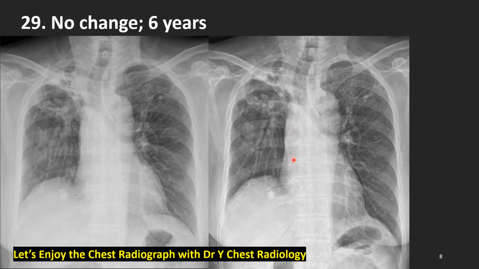What's wrong with her film? Yes, the right hilum is not looking good. Elevated very much, much higher than the normal left side. And also the right diaphragm is elevated. The trachea is deviated to the right side, and this is the minor fissure, so the right upper lobe is collapsed with many well-defined nodules with some calcifications.